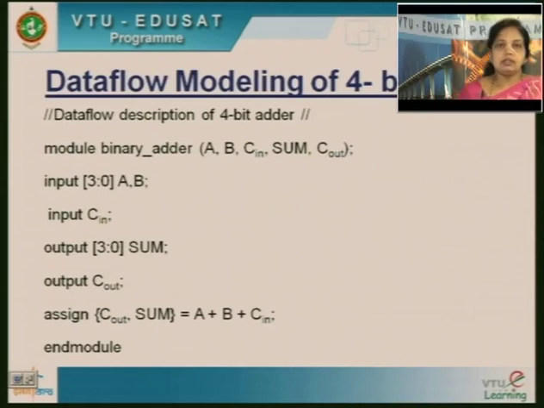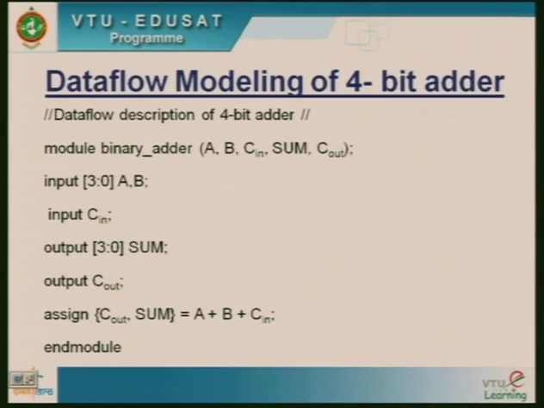So let us discuss the data flow model. Take an example of a 4-bit adder. As we know, for a 4-bit adder I will be using 4 bits of A and B: A0, A1, A2, A3, B0, B1, B2, B3. To declare those 4 bits, I use 3:0. It is nothing but the most significant bit A3, A2 till A0.